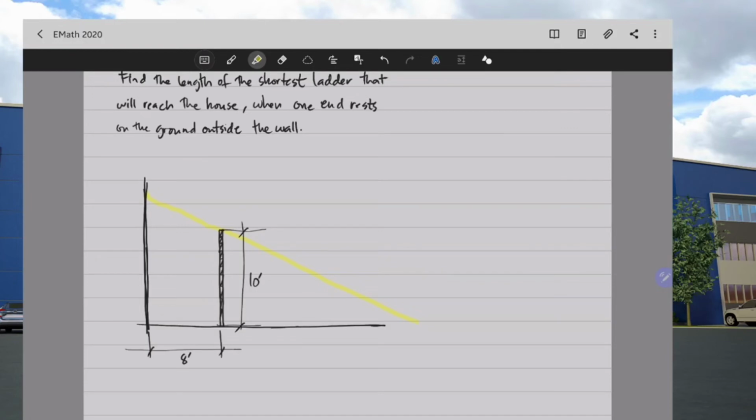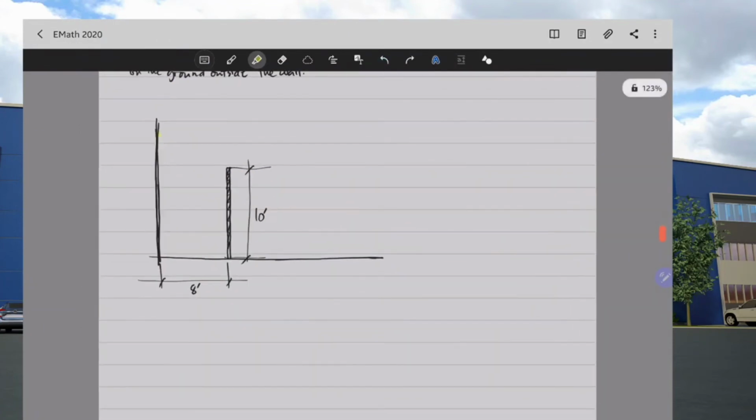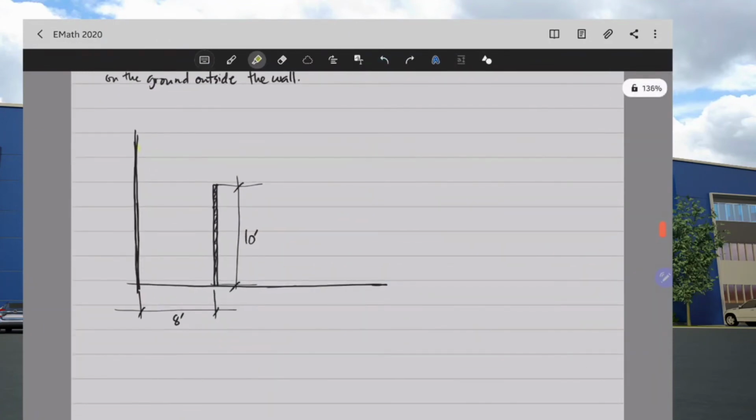Kasi pwede din naman ganito. Would that be the shortest? Or pwede din ganito. Would that be the shortest? Or ganito, would that be the shortest? So which of these ladder is the shortest ladder na pwede natin ilagay dyan, that will reach a house and one end at outside the wall.